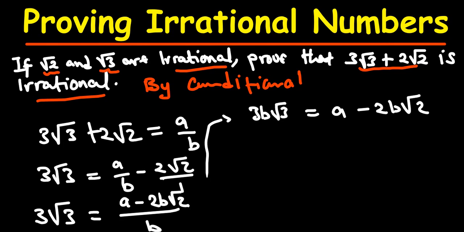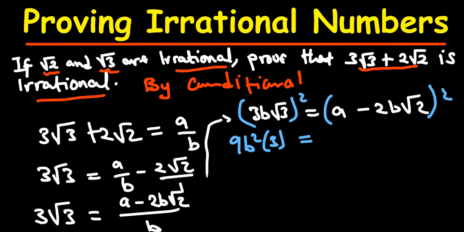From here we are going to square both sides. You square this side and you also square this side. When you square this side, you're going to have 9b squared times 3 is equal to, so here we are multiplying a minus 2b root 2 by itself. It means a multiplied by a, we are going to have a squared.